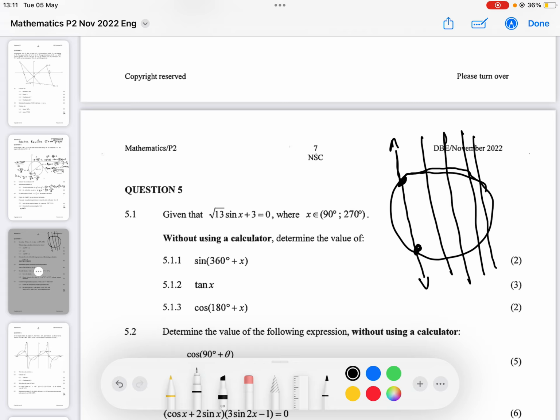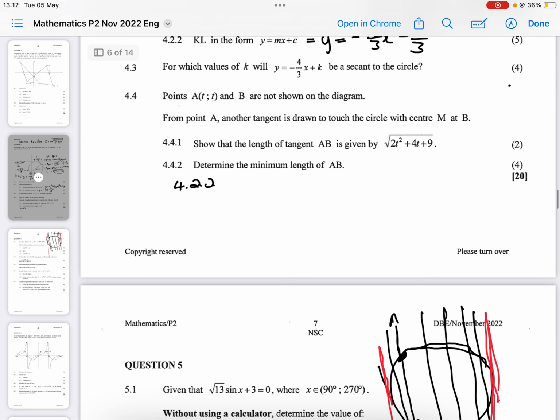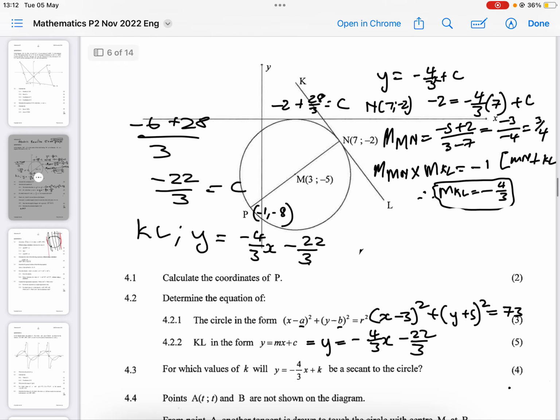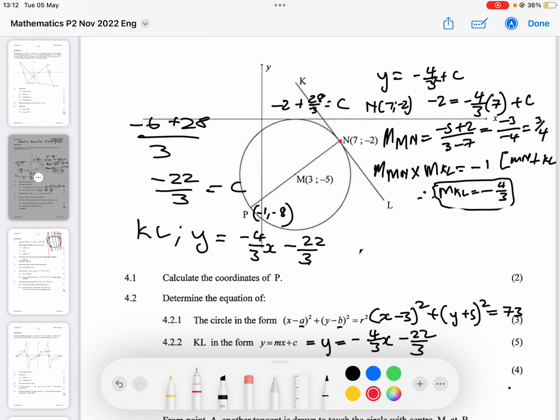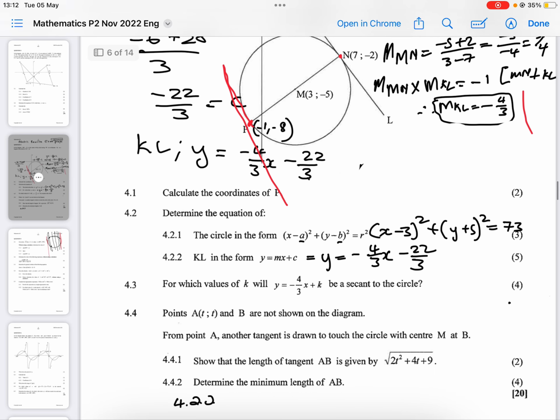But it will be in between the two tangents. So you need to say a secant will be in between the tangents. Which tangent? This tangent KL at point N, and also a tangent at point P. Now it means you have to get the tangent at point P.